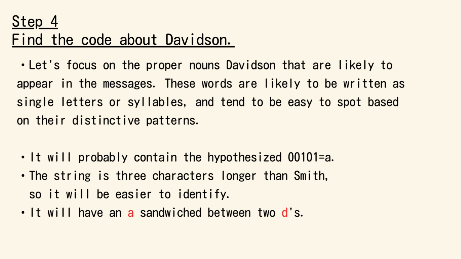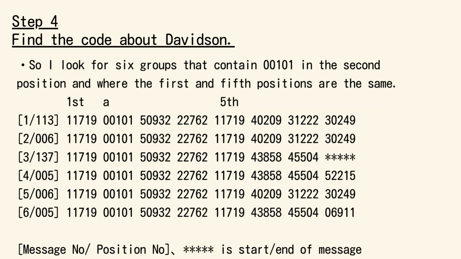It will probably contain the hypothesized 00101 equals A. The string is 3 characters longer than Smith, so it will be easier to identify. It will have an A sandwiched between 2 Ds. So I look for 6 groups that contain 00101 in the second position, and where the first and fifth positions are the same.